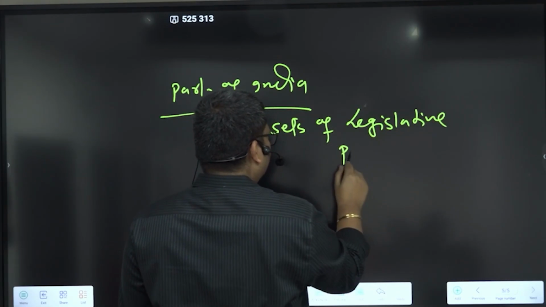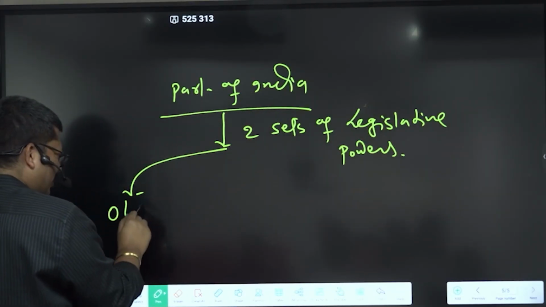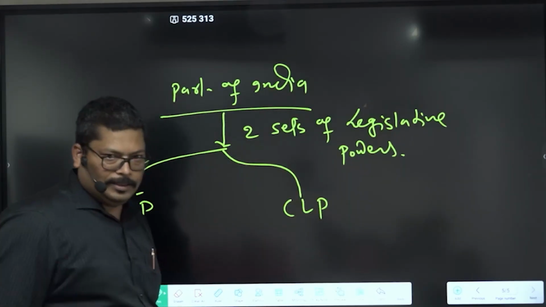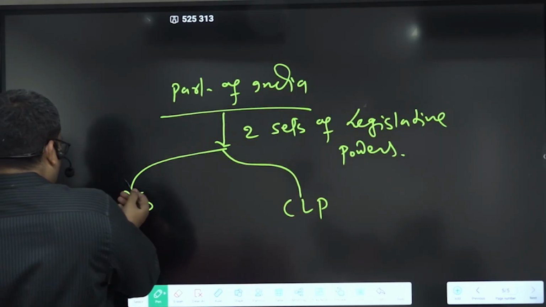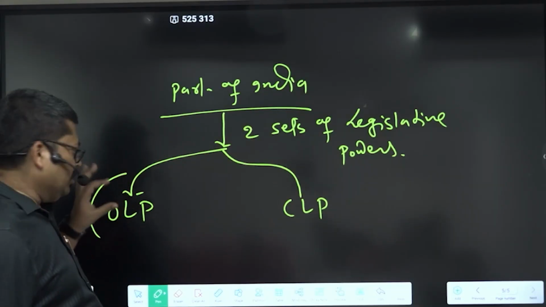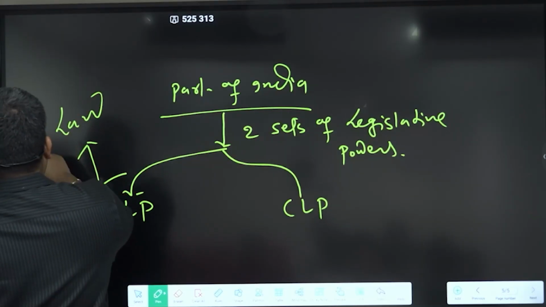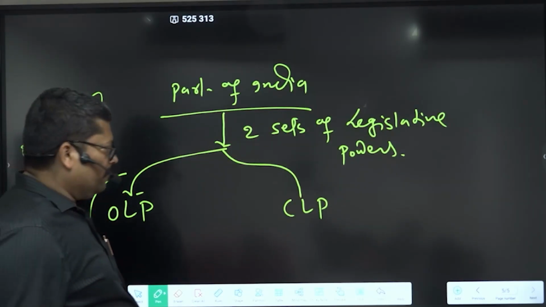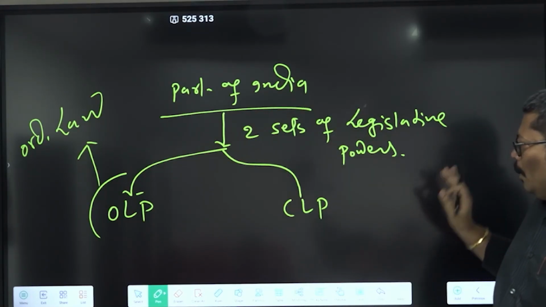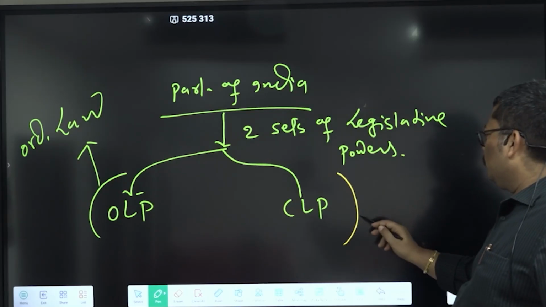One is ordinary legislative power, and the other is constituent legislative power. Whatever the Parliament of India commits within the purview of its ordinary legislative power, it is called what? Law. Here law means ordinary law. And whatever the Parliament of India performs within the ambit of its constituent legislative power, the result is what?